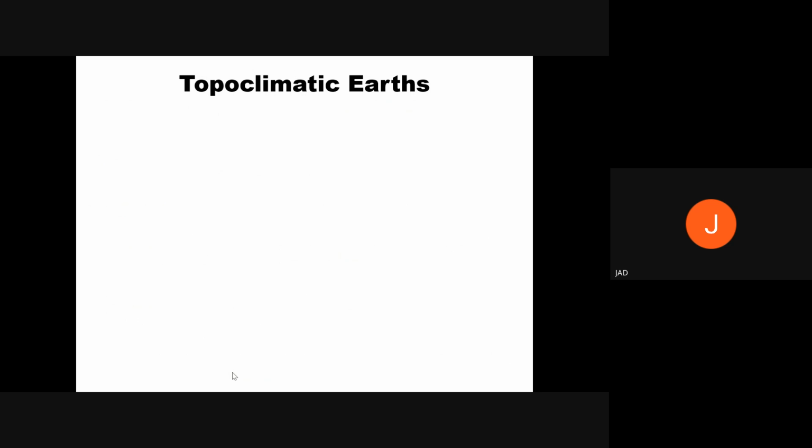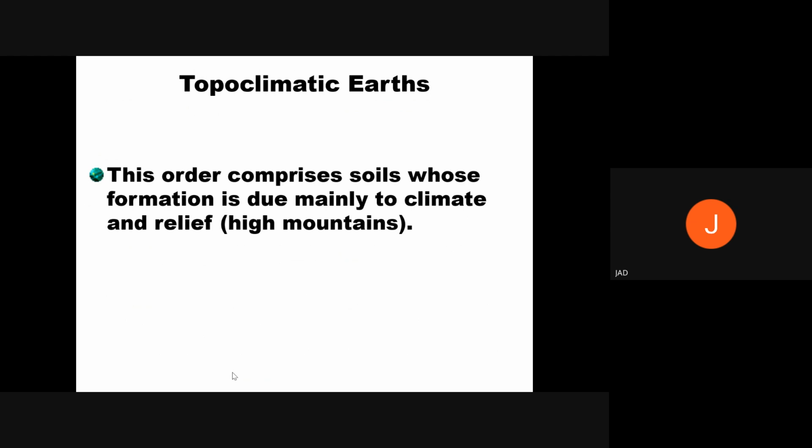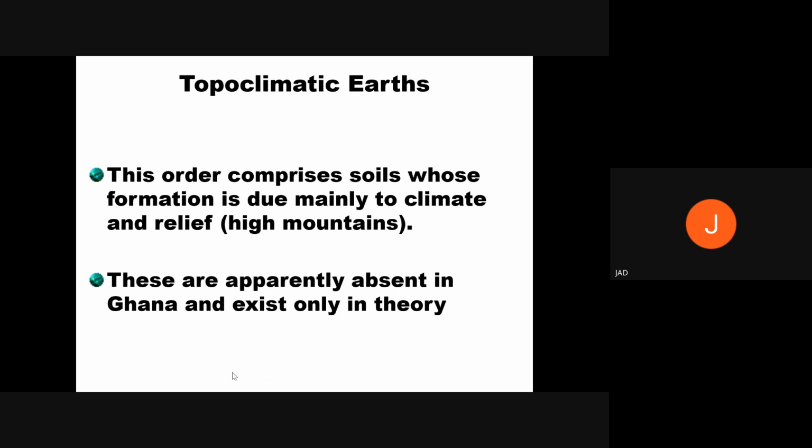So now let's look at topoclimatic. This order comprises soils whose formation is due mainly to climate and relief. In theory, some people will say that they do not exist, but it's also believed that if you go to the mountainous regions of this country, you may come across some of them.